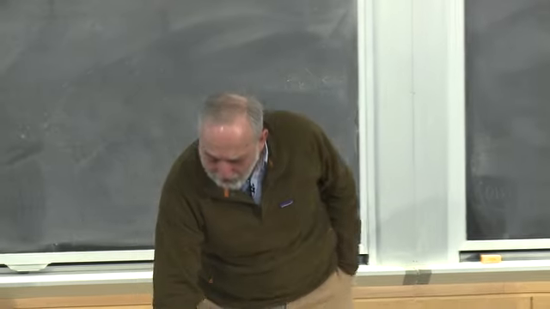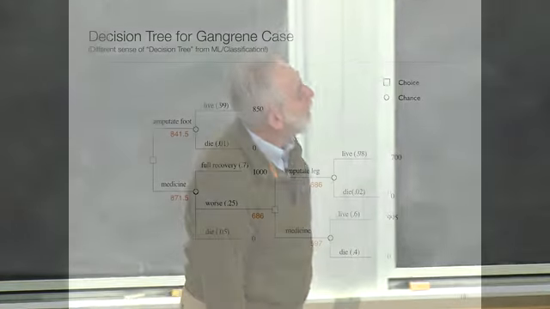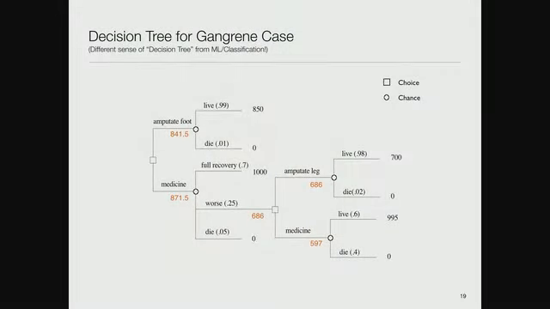And my next slide should have, yeah, so these are the numbers that you get. And what you discover is that the utility of trying medical treatment is somewhat higher than the utility of immediately amputating the foot, if you believe these probabilities and those utilities.